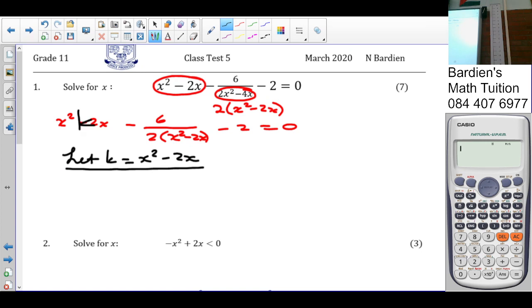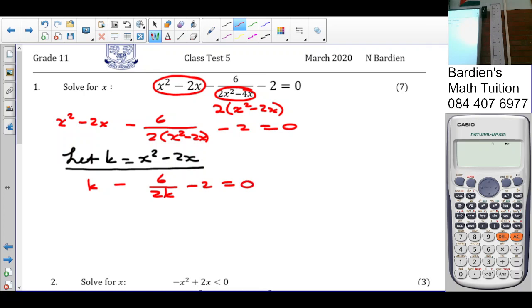So k minus 6 over 2k minus 2 is equal to 0. Can you all see that? So we write exactly that down.